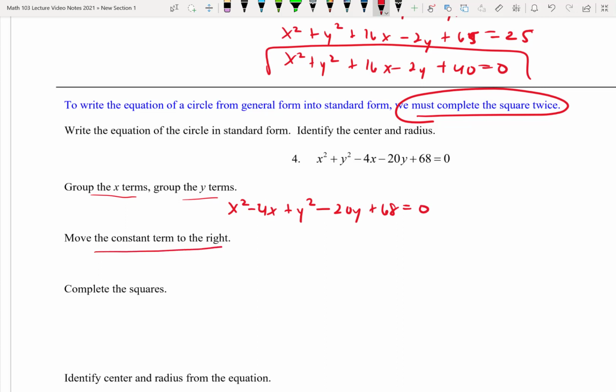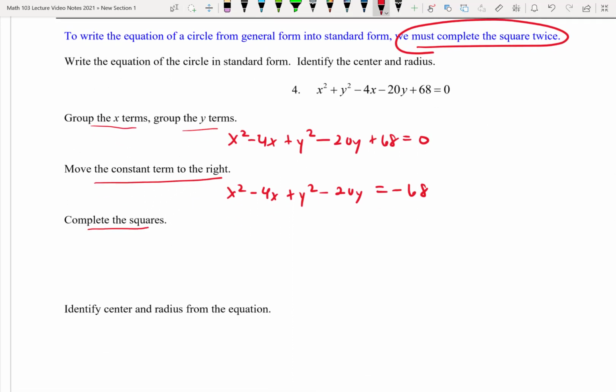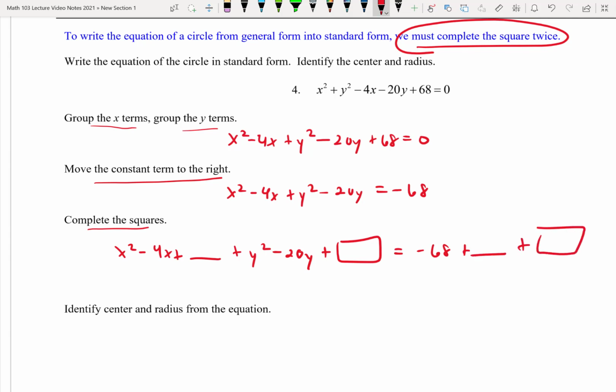Next, we're going to move the constant term to the right. Then we're going to complete the squares for both x and y. And remember, whatever we add to the left, we have to add to the right as well.